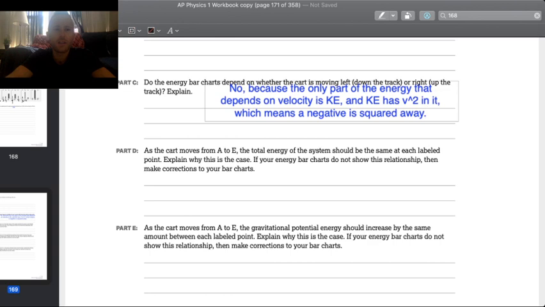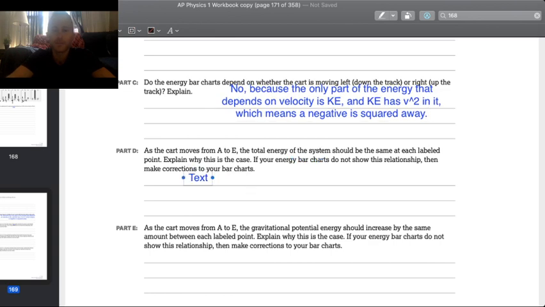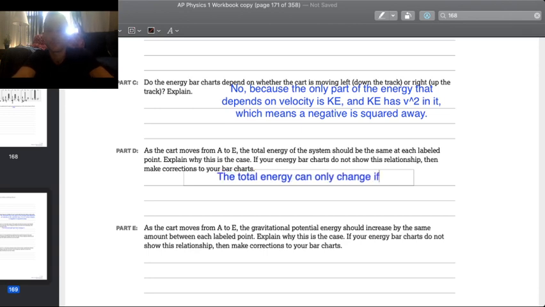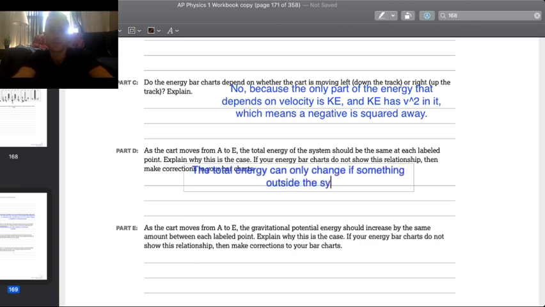So basically, the total energy can only change if something outside the system is transferring energy in or out.